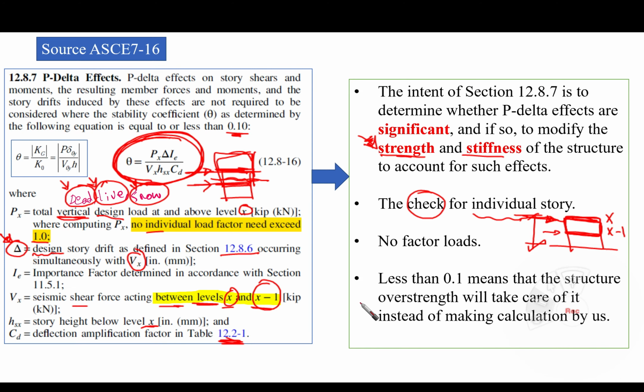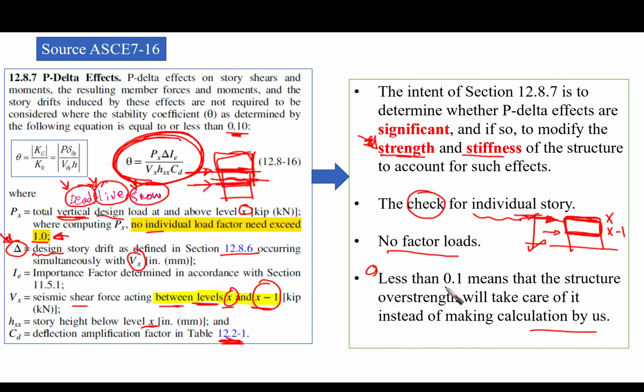Another thing is no factored loads, as we said, it is only service loads. And here I mentioned that if theta is less than 0.1, it means that the structure overstrength will take care of the P-delta, instead of making the calculation by us.